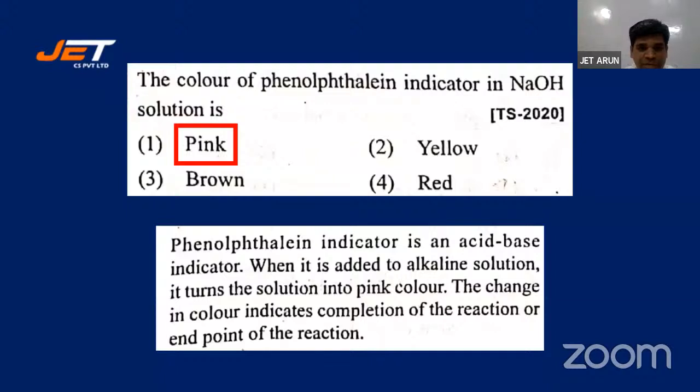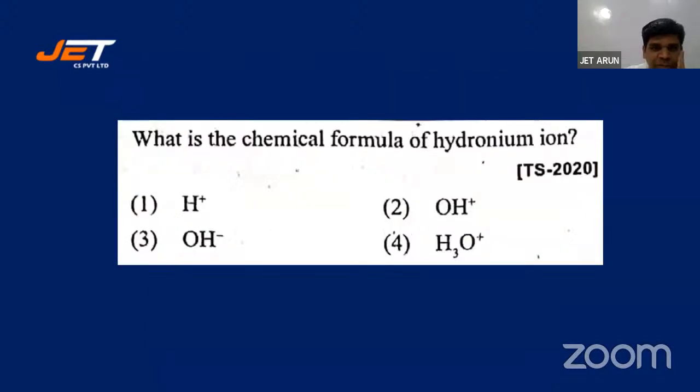The change in color indicates completion of reaction or end point of the reaction. All right, most of you got this right. It's good. Those of you who got it wrong, that's okay. But correct yourself and learn. No problem if you got it wrong, but participate and keep learning.